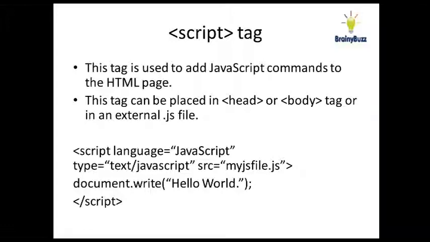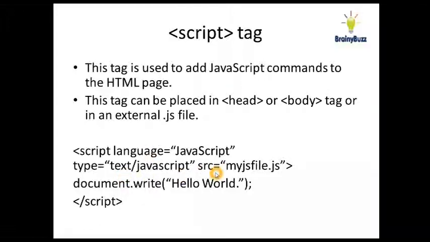Now you can see that this script tag is there. It has a language attribute. The language attribute will tell which language you will be using, whether you want to use JavaScript or VBScript. Another thing, you have the type. That means whether you want to use text slash JavaScript or text slash CSS. In case of JavaScript, we'll be writing text slash JavaScript.